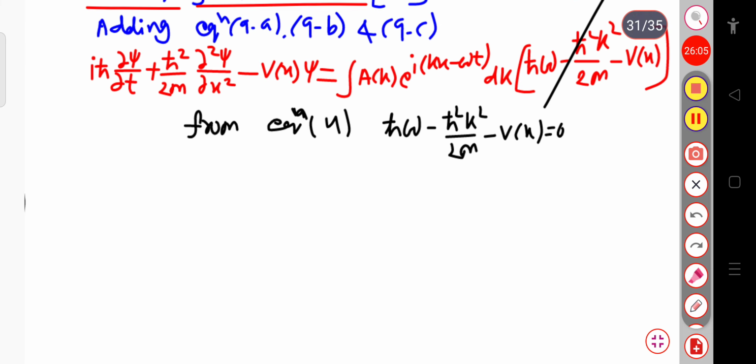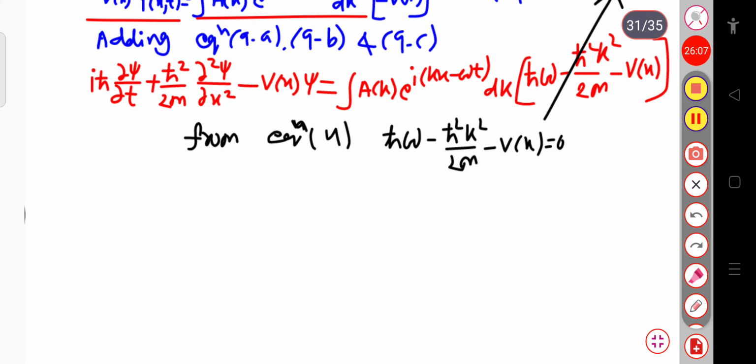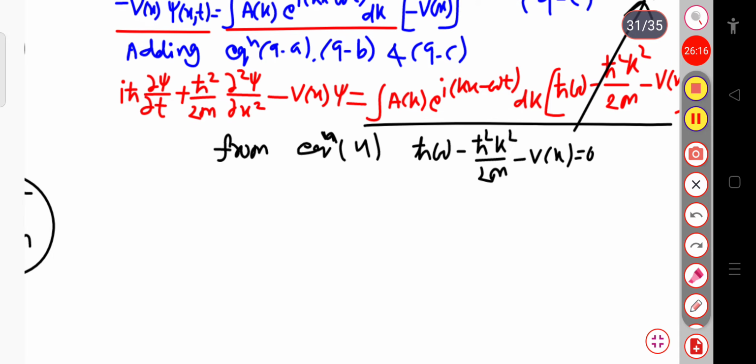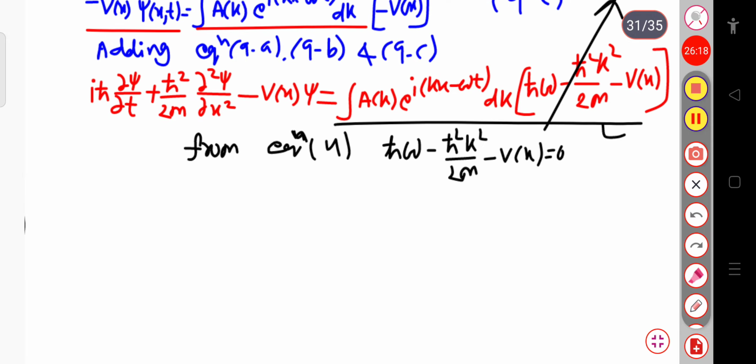Now the remaining term: if I give the total right hand side the equation number 10, then the right hand side term of equation 10 goes to 0.